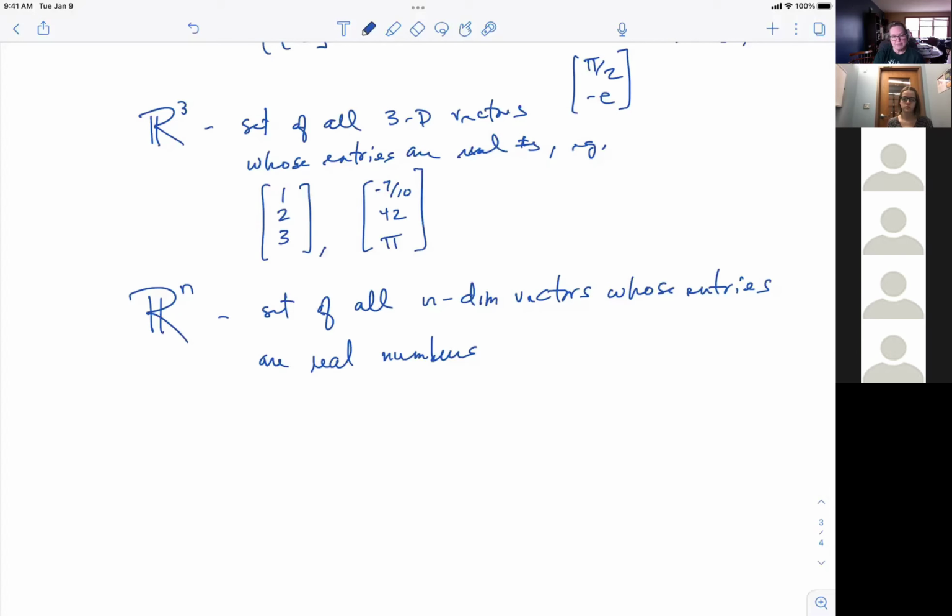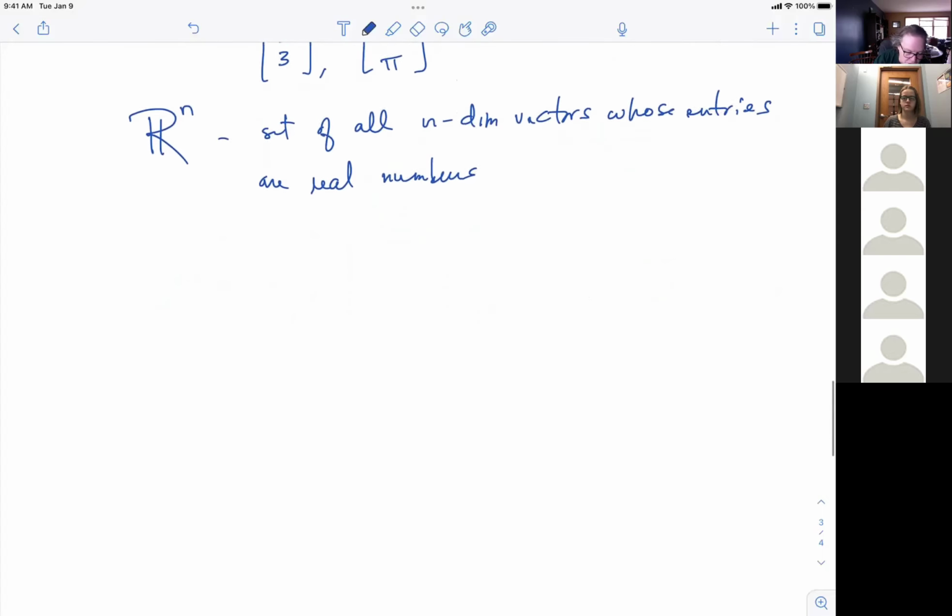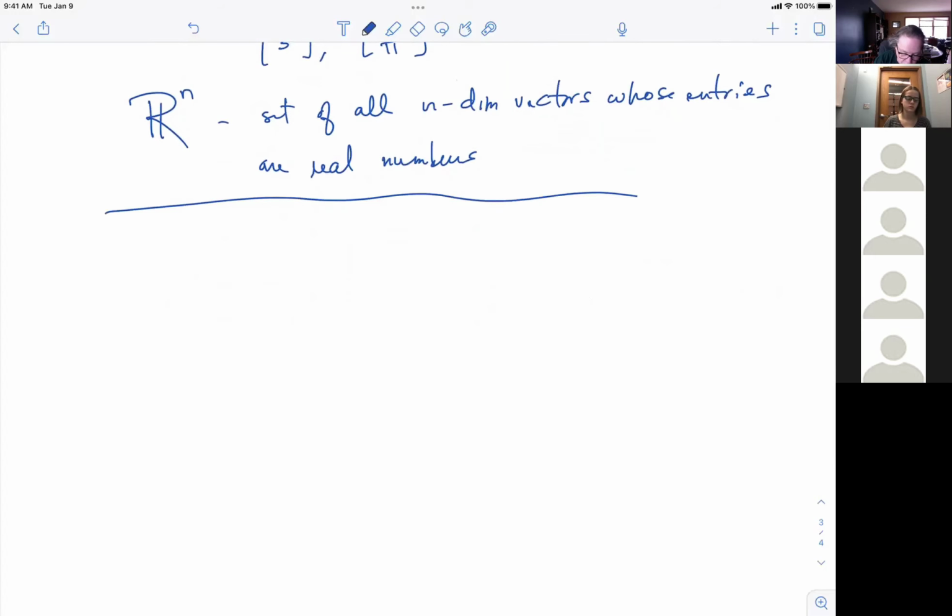The most obvious way to use it is to do homework problems where you have to use it. But for now, let's go back. We're going to talk about R2 for just a little bit. Actually, before we talk about that, let's talk about some operations on vectors.